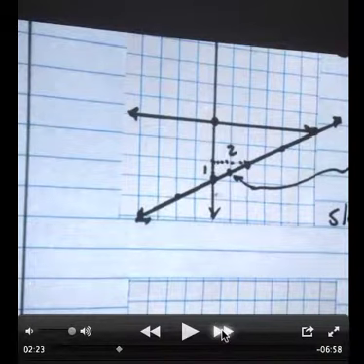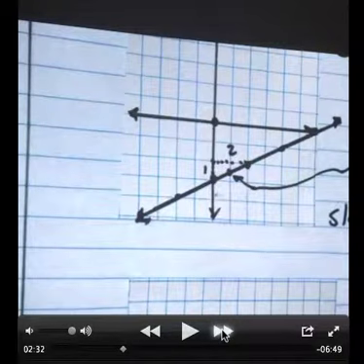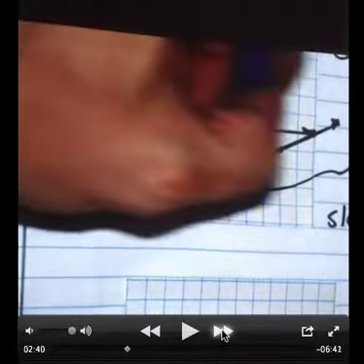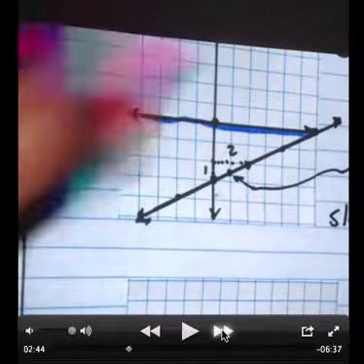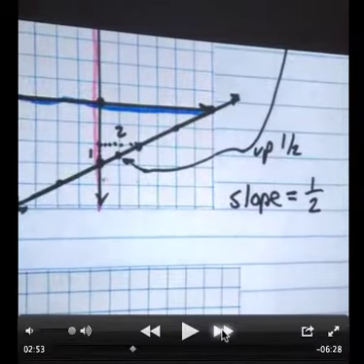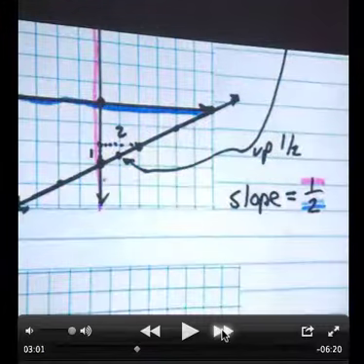Up 1 and over 2 to get to our next point. So remember, those are the counter numbers, the blue, and the pink is going to be the recursive routine. So we went up 1 and we went over 2.